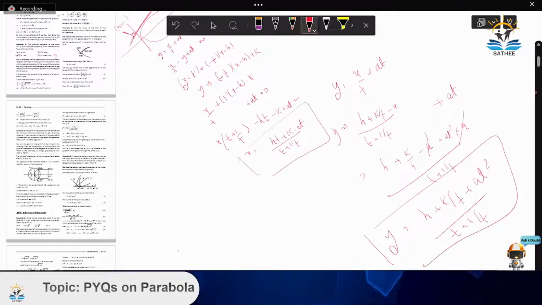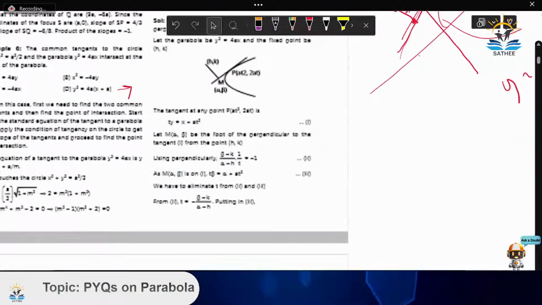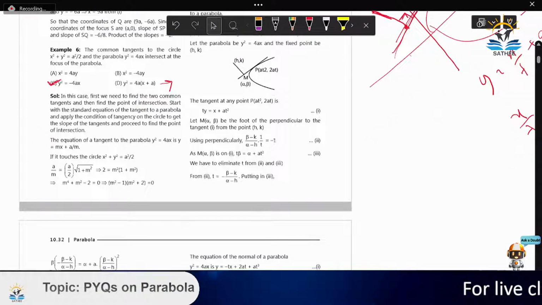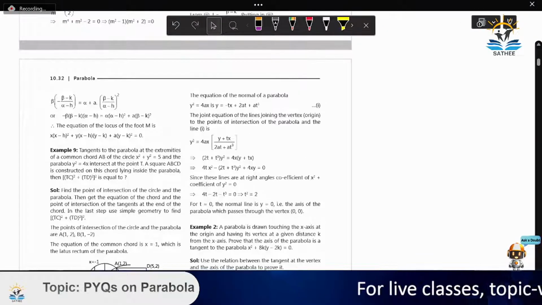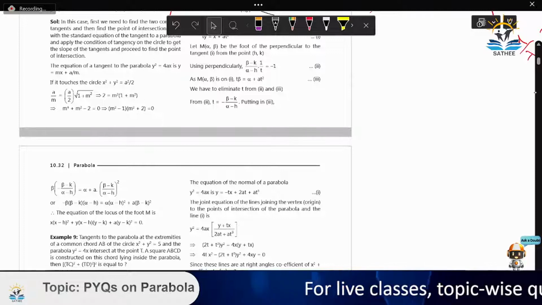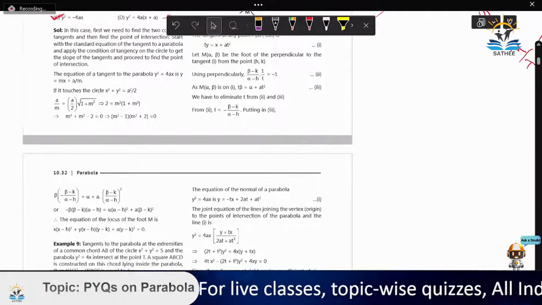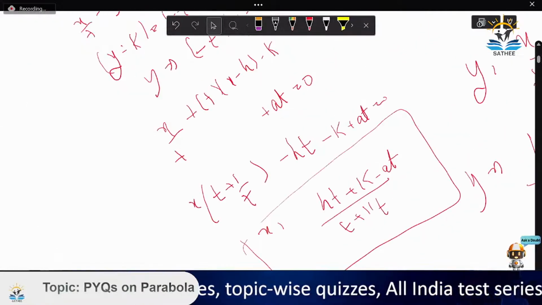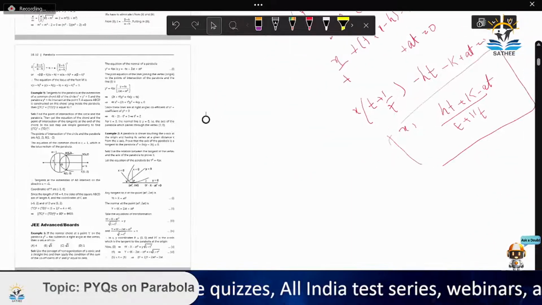So I have two equations in y and x, right? And I have to find the locus, so what do I have here is I have to eliminate the a and t here. But how do I do that?